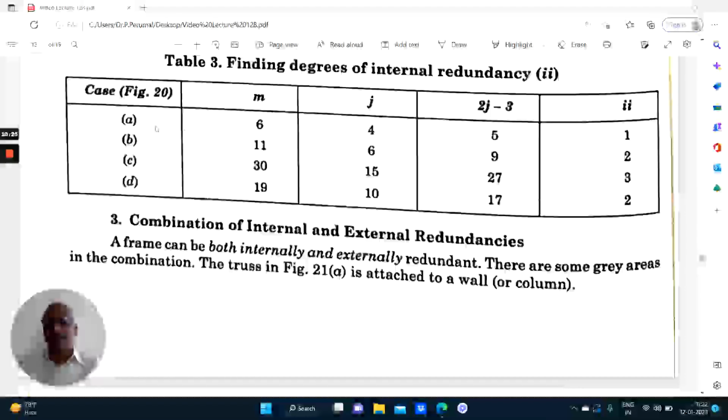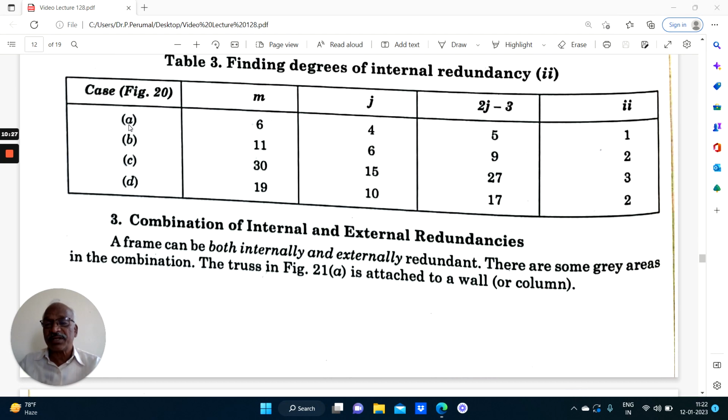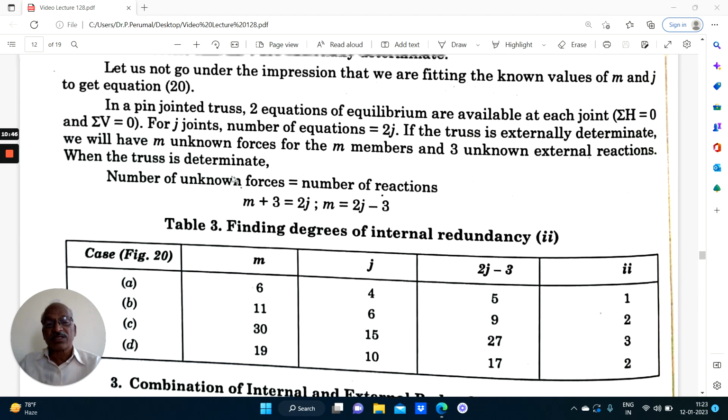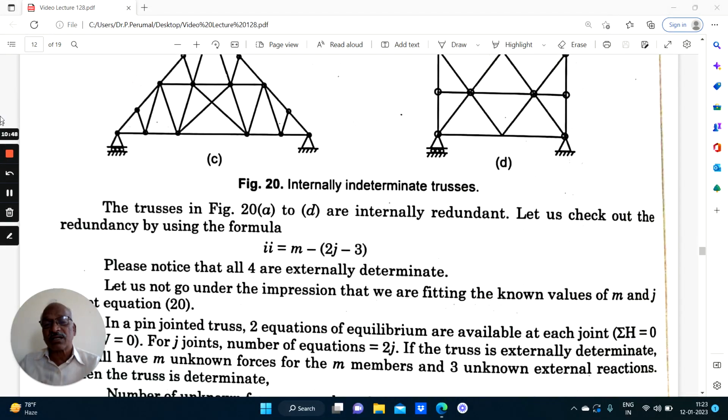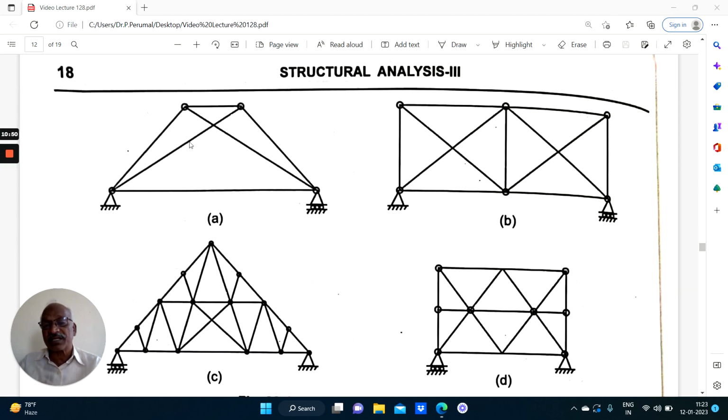Now, coming to this table, example A, we have got 6 members and 4 joints. 4 joints means 2j minus 3, that is 2 into 4 minus 3 equal to 5. 8 minus 3 equal to 5. Therefore, M minus (2j minus 3) equal to 6 minus 5 equal to 1. So this truss has got 1 degree of internal indeterminacy.